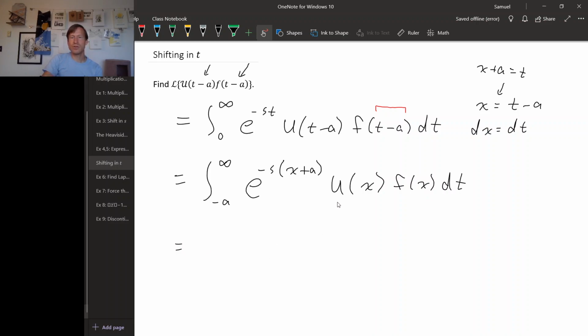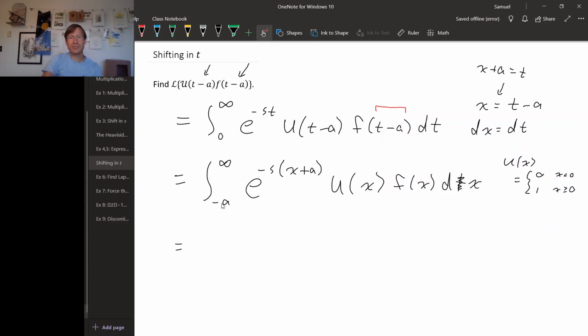Now u of x is a piecewise function, and we have seen in an example in the past that to deal with a piecewise function in an integral, you should break up the integral at the value where the piecewise function changes. Remember, the step function u of x is 0 when x is negative and 1 when x is greater than or equal to 0.